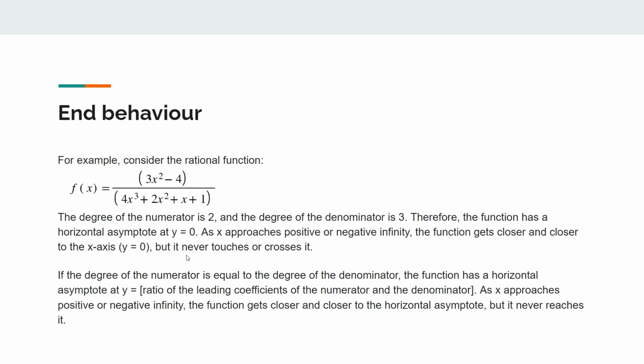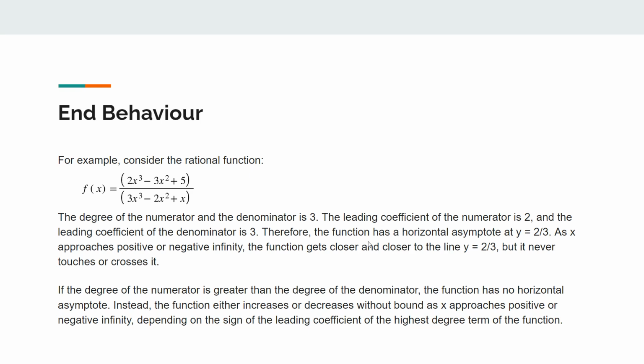So you can imagine, right? If the degree of the numerator is equal to the degree of the denominator, the function has a horizontal asymptote at the ratio of the leading coefficients. That's the end behavior. Once you have the idea of where the horizontal asymptote is, you can imagine it from either positive or negative.